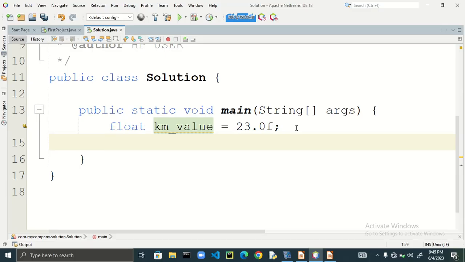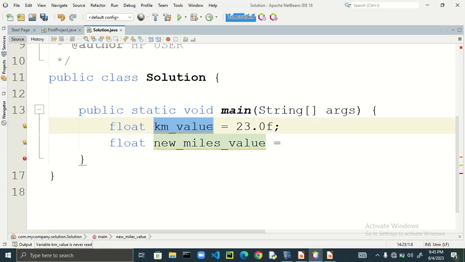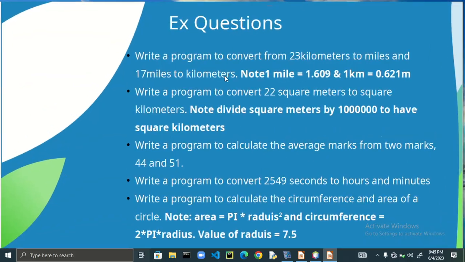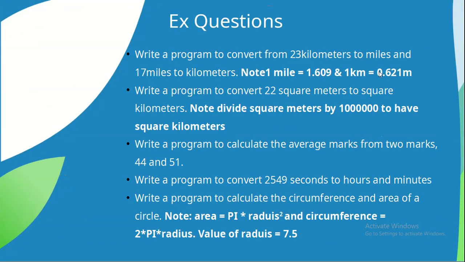Then let's also say float, and let's see, new miles value is equal to, we are going to multiply whatever we have in the kilometer value by what we have in the formula, which is 0.621.